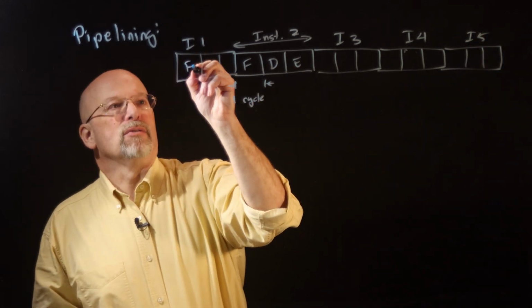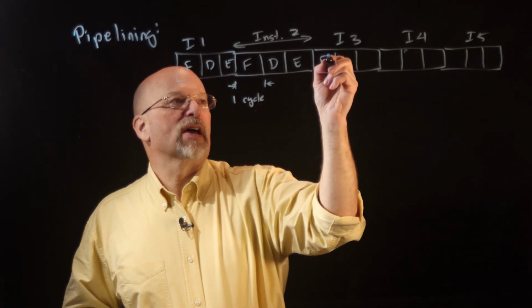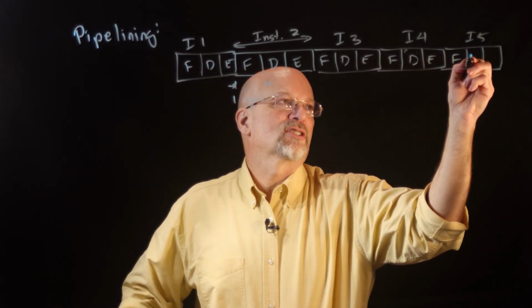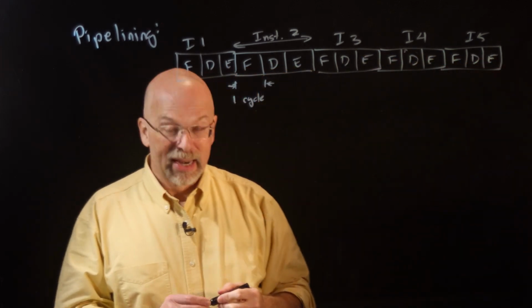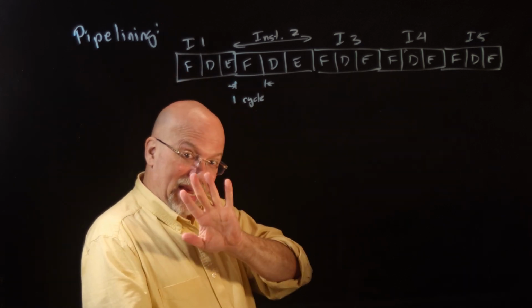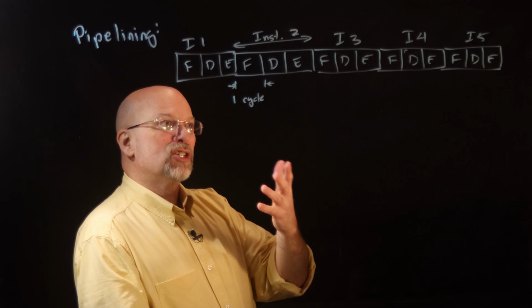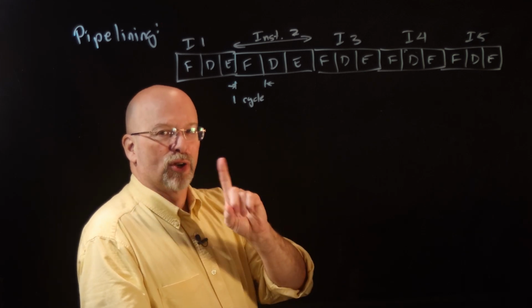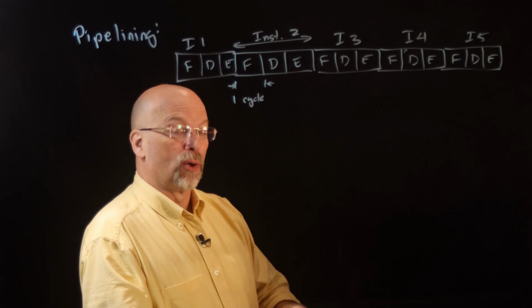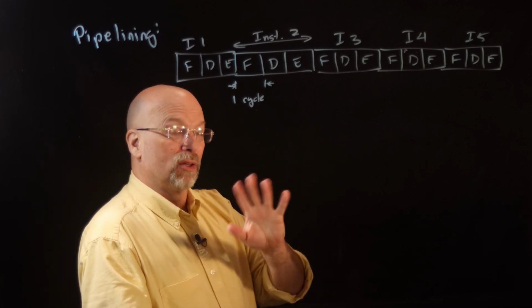And so I do the fetch, decode, execute, fetch, decode, execute, fetch, decode, execute, fetch, decode, execute. Now, this diagram here, showing as time is going on, is what it would look like if our processor could only do one of those things at a time. It could only fetch, or it could only decode, or it could only execute, only at one time.